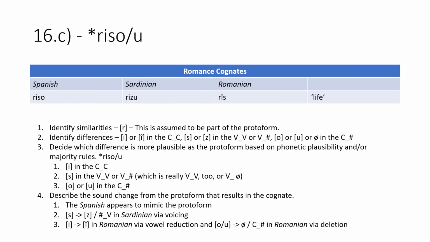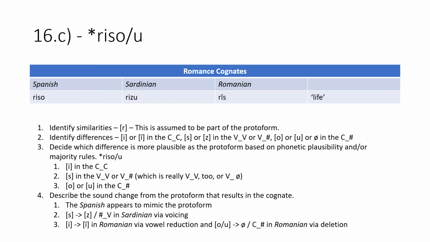So when we have observed enough words and language change across enough examples from the same family, we can start to see how particular families tend to consistently move away from the protoform in similar ways. So one of those ways for a Romanian is in vowel reduction.